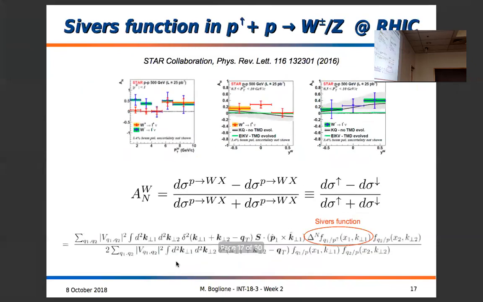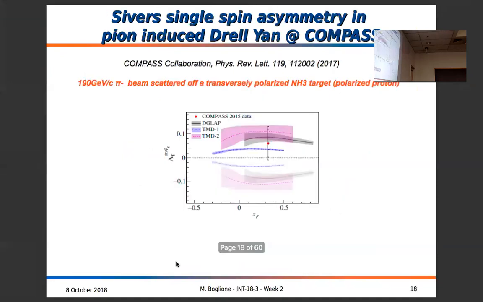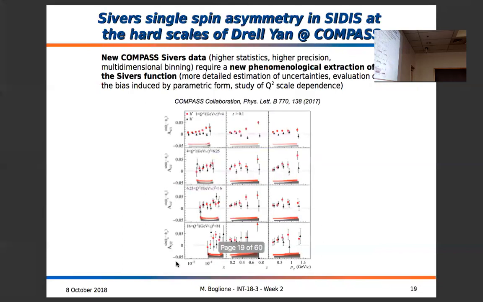And we have a few hints of this sign change of the Sivers function from experimental measurements: one from the STAR collaboration, which has measured the Sivers function in polarized proton-proton scattering with W and Z production, and also from the COMPASS collaboration, who last year, quite recently, measured the Sivers effect in the Drell-Yan process, which is proton-pion scattering in their case.